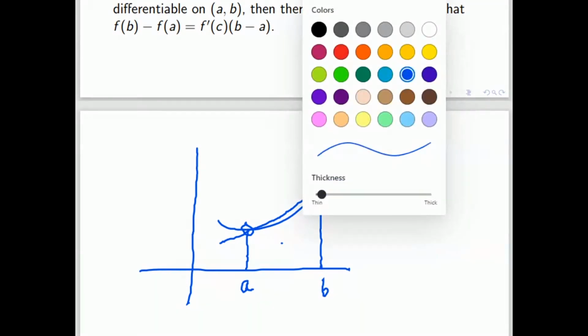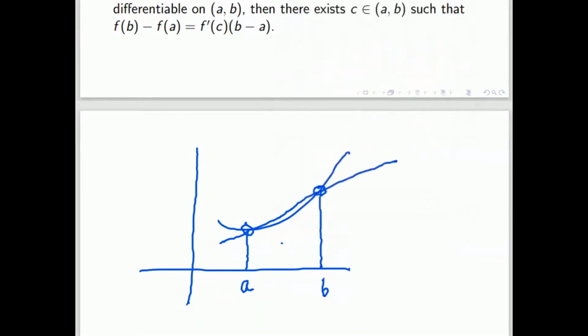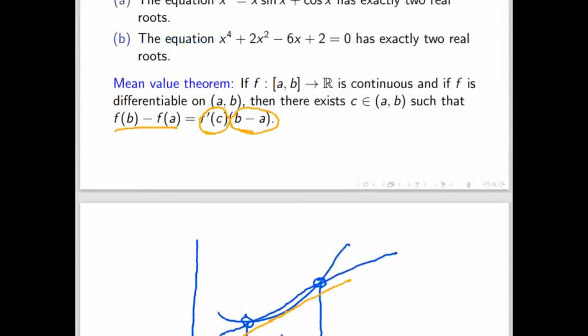Now this theorem says that if you divide f(b) minus f(a) by b minus a, you will get f'(c). That means there exists a point c such that the slope of the tangent is exactly the same as the slope I drew previously. That means the blue line and the red line have the same slope. So this is the geometrical interpretation of the mean value theorem.